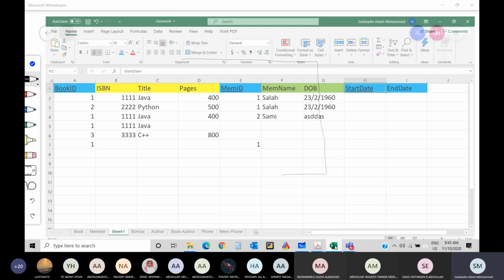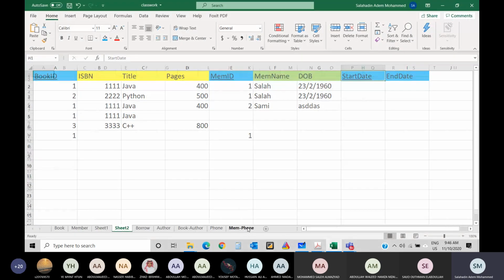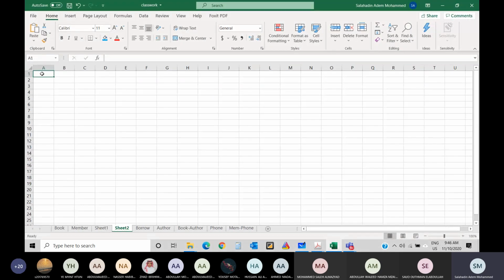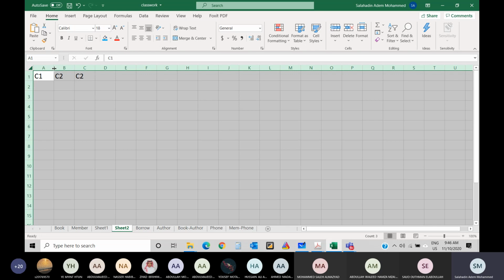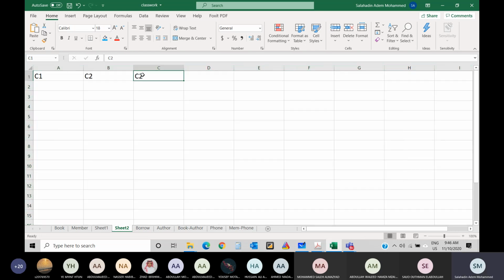Let me use Excel, it's faster. Let me create a table here. Let me put this as a column, we call it, for example, column C1. I just want to save time. I have to change this one to 18 to make it bigger so you can see it. This is column number 3.